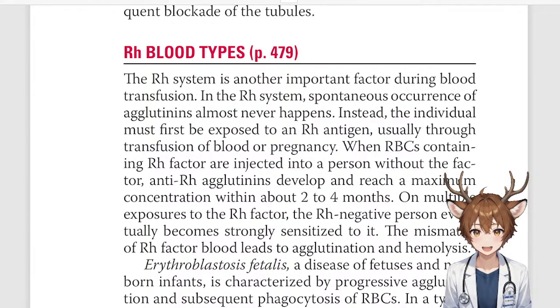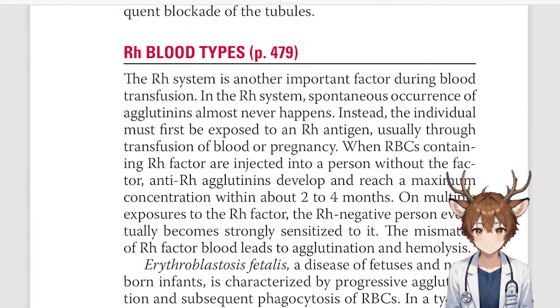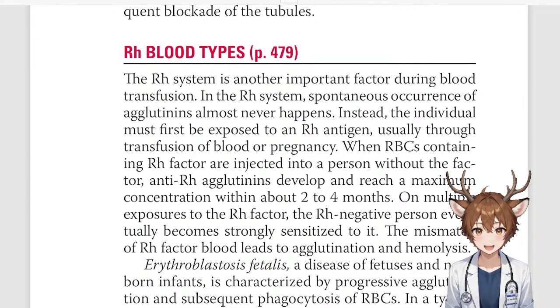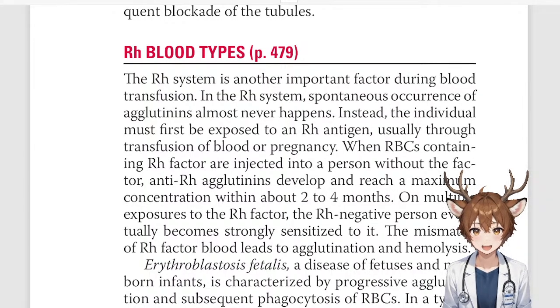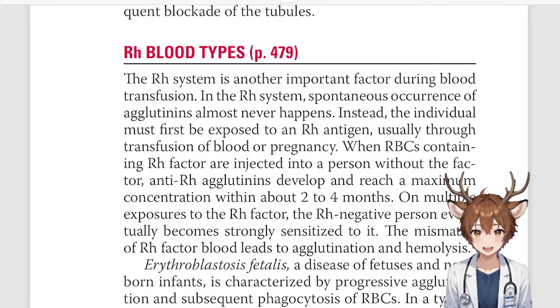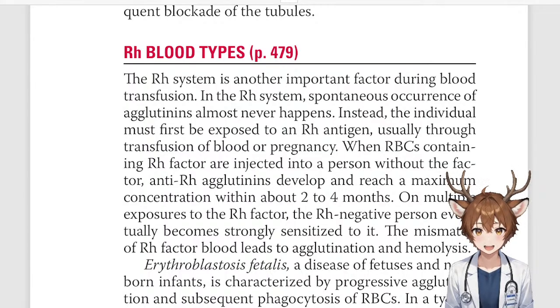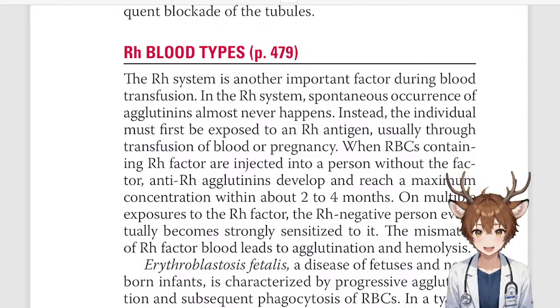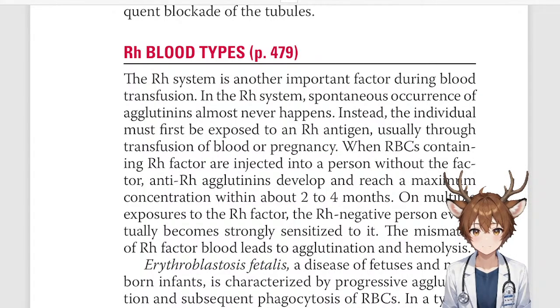When RBCs containing RH factor are injected into a person without the factor, anti-RH agglutinins develop and reach a maximum concentration within about 2 to 4 months. On multiple exposures to the RH factor, the RH negative person eventually becomes strongly sensitized to it. The mismatch of the RH factor blood leads to agglutination and hemolysis.